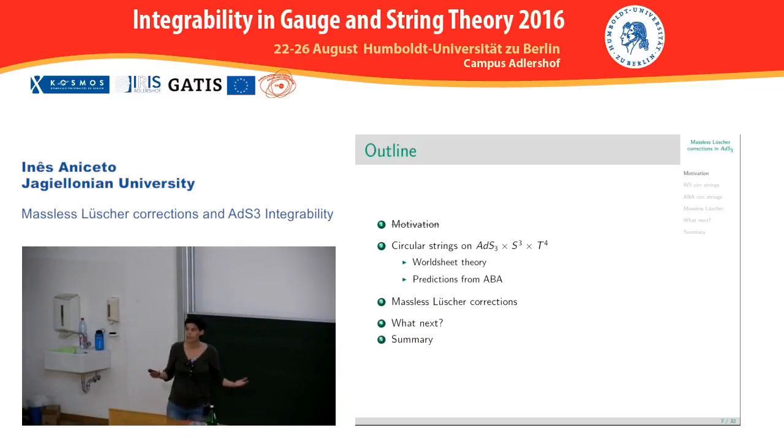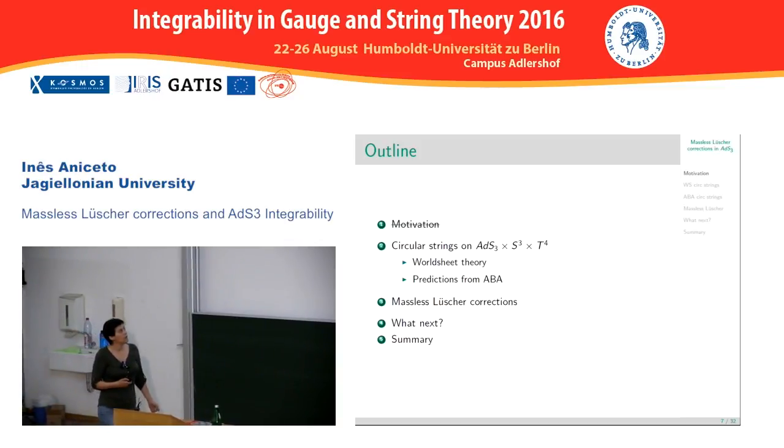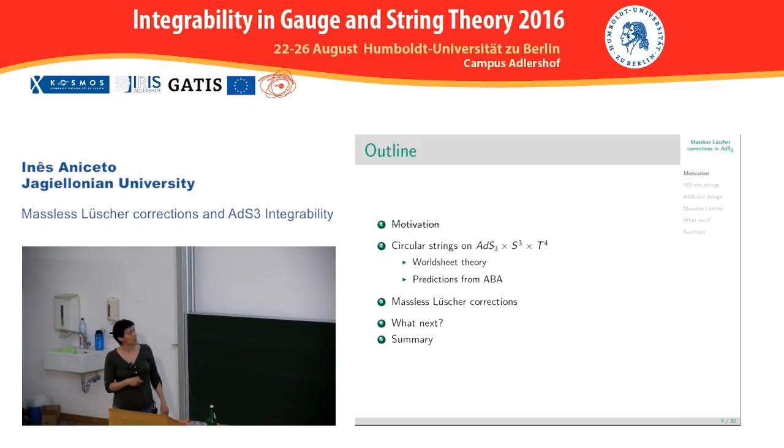So what I want is actually to set out to not only, okay, I just gave a brief overview of the two calculations and the fact that they don't agree. I'm going to explain in a bit more detail each side of the calculations for the circular strings, and then I will explain what we found as being the reason why these two solutions didn't match.